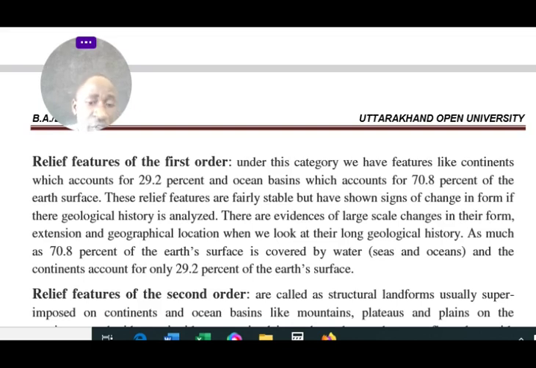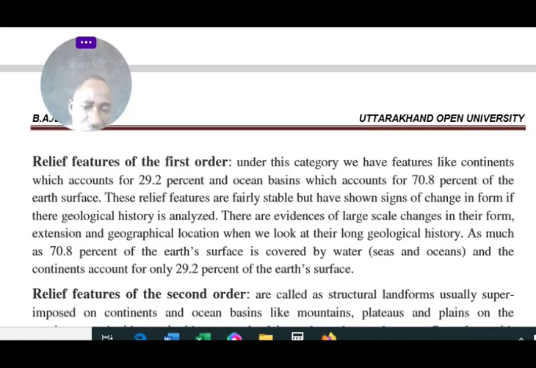This one deals with the relief, which is fairly suitable, but showing a sign of change in the form of geomorphological history, in terms of evidence and information that may be gathered about the extension and the geological location of a given area.